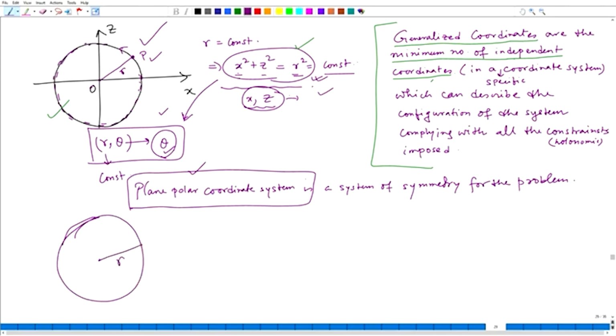Then we know that x square plus y square plus z square is equal to r square. So, again in the 3D Cartesian coordinate system it has one constraint. So, the system will effectively have 3 minus 1 constraint equation, so it will have 2 effective degrees of freedom.